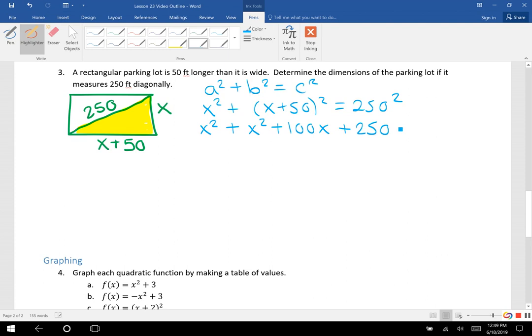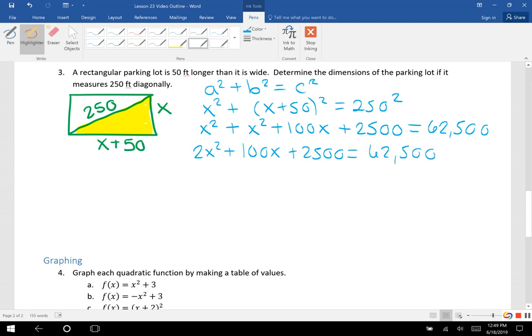should be 2,500. So I happen to remember that pattern for squaring a binomial, but you could also write it out and use FOIL. And then finally, 250 squared, that should be 62,500. All right, if I combine like terms, I've got 2x squared plus 100x plus 2,500 equals 62,500.